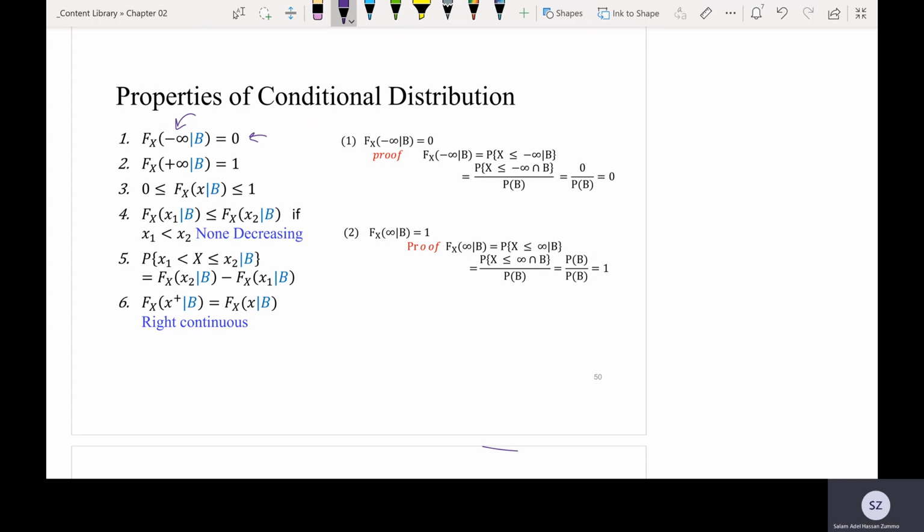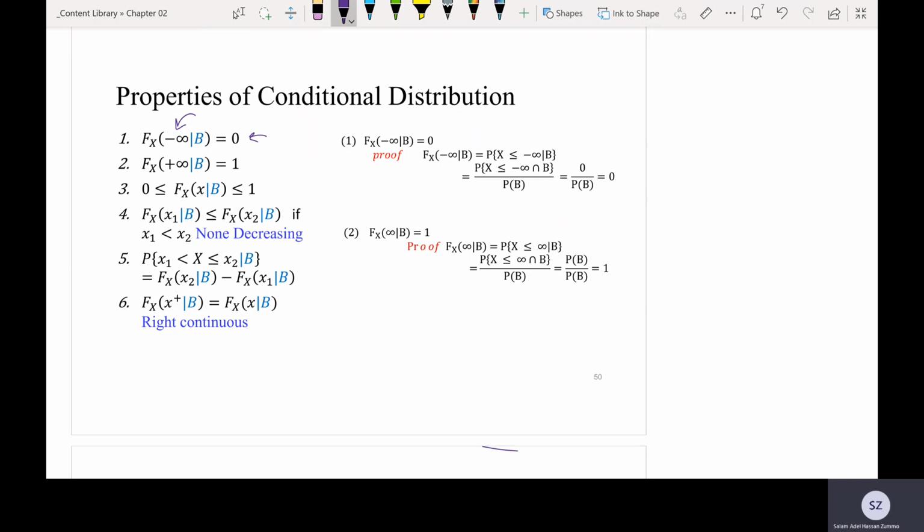So given B, it will be the intersection between x less than minus infinity and whatever B is, again it will be empty, so this is 0. And at infinity, this is the probability that x is less than or equal to infinity, which is certain.